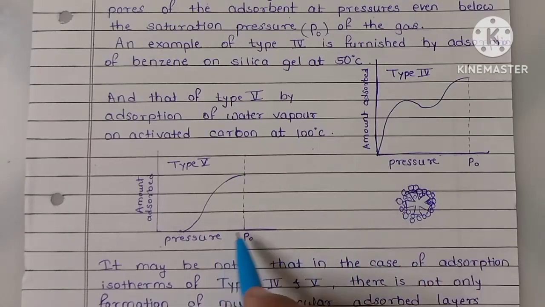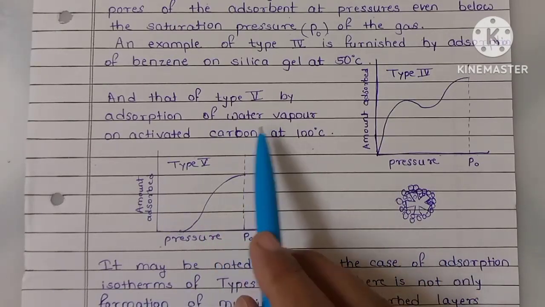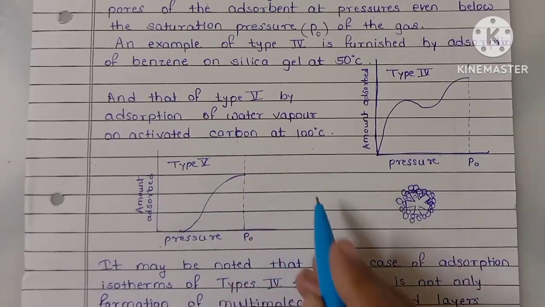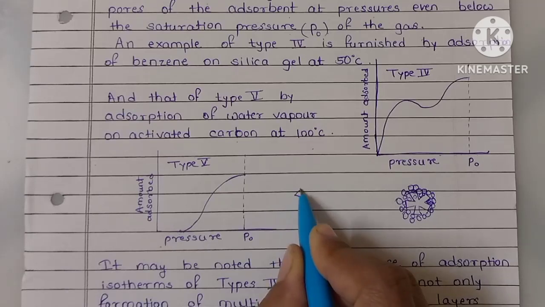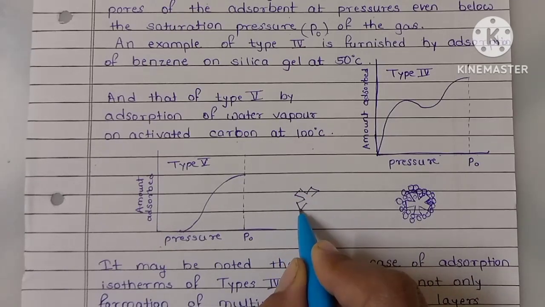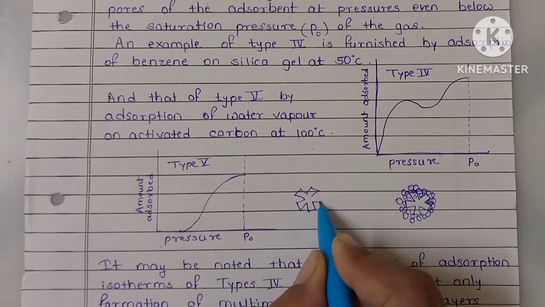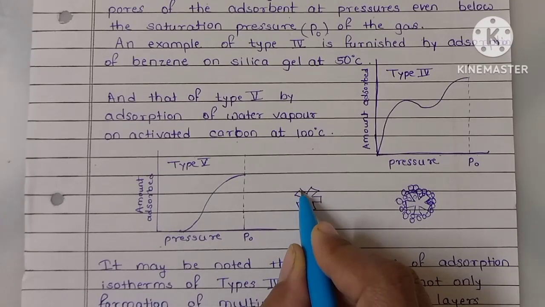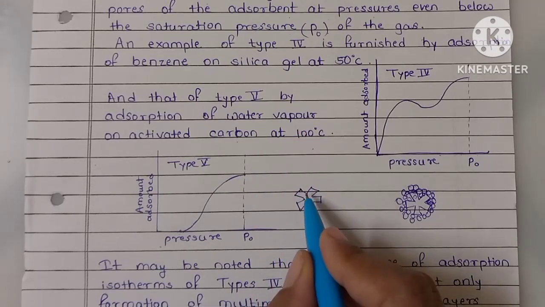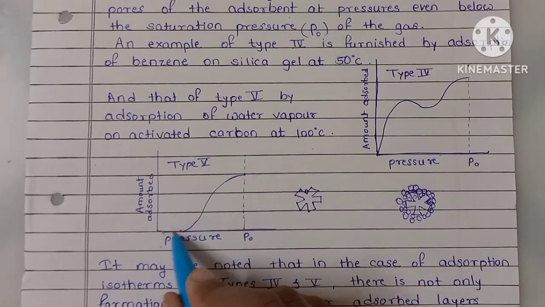And for type 5, what is the example? Water vapors on activated carbon. Consider this is the activated carbon. Here what happens is the water vapors are adsorbed firstly into the pores, therefore no amount adsorbed is observed at first.